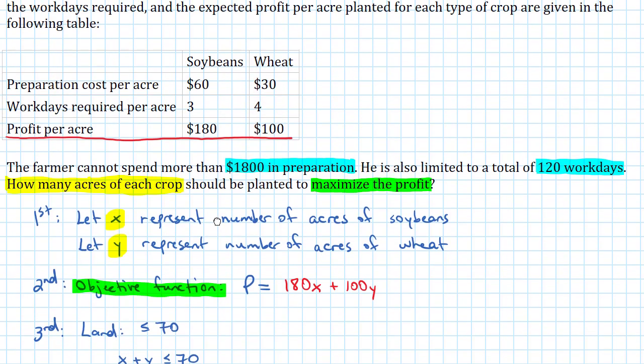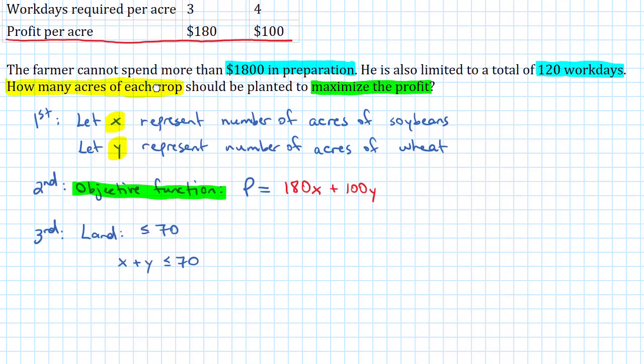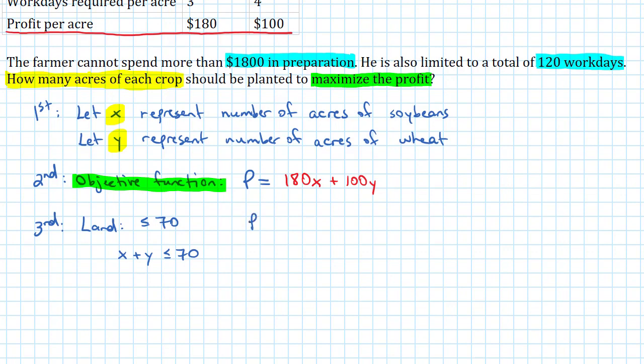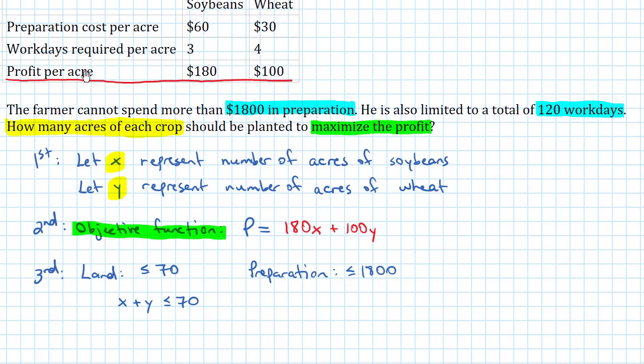Okay. Then we have a preparation limitation. The total preparation cost has to be less than or equal to 1,800. We can't exceed that. So how do we calculate preparation cost? Well, luckily it's in a table format.